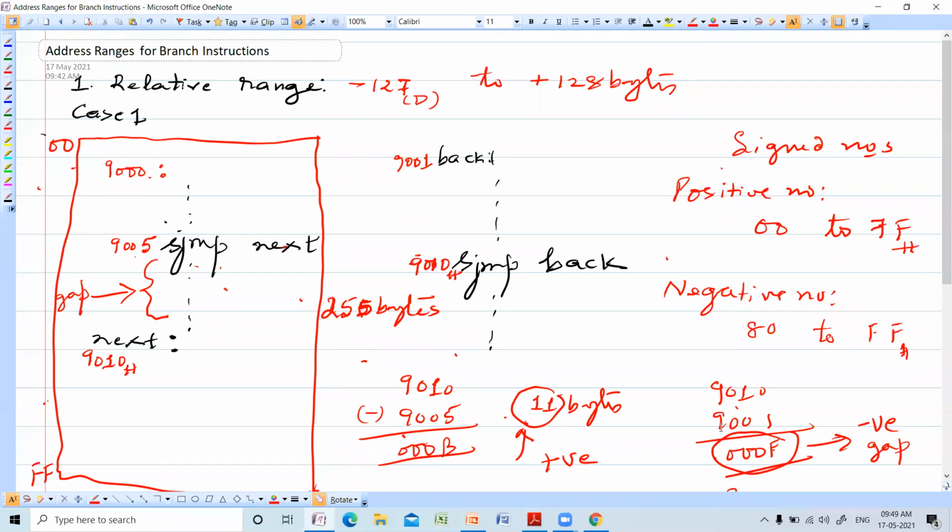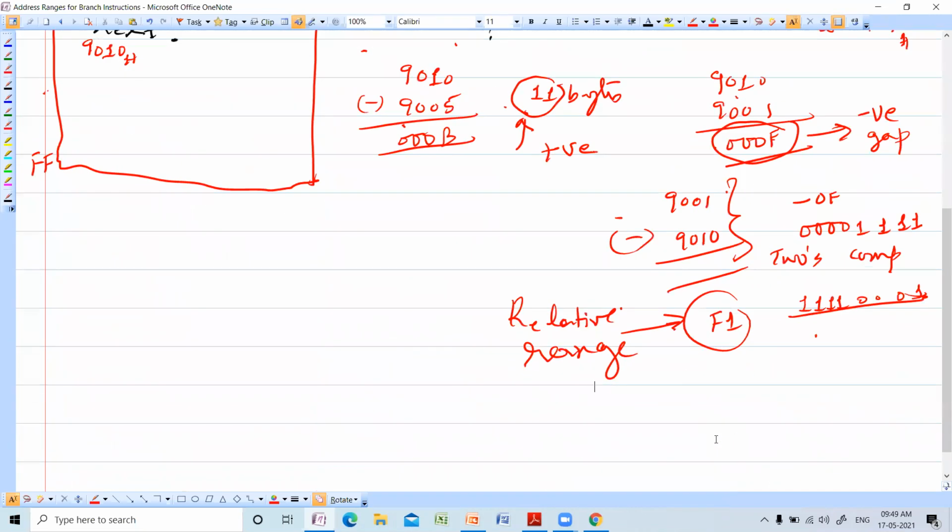You cannot jump more than 255 bytes. It is not a relative range. Relative range only permits, very important, a branch of 1 kilobyte. That I will write separately. I am writing in a different color for you.